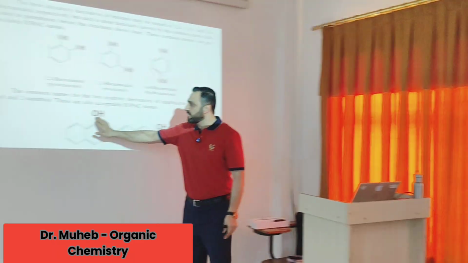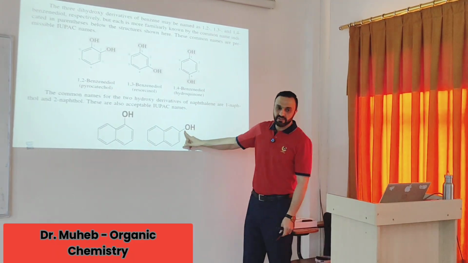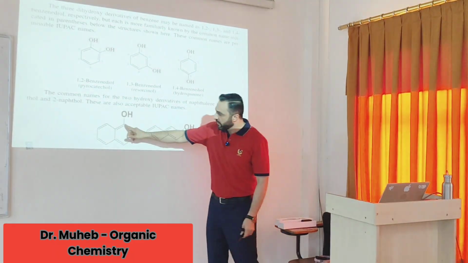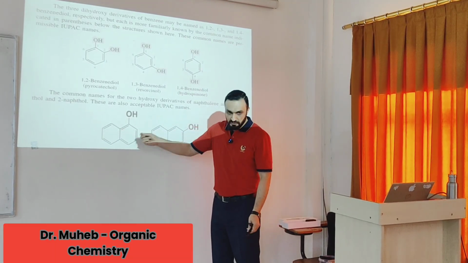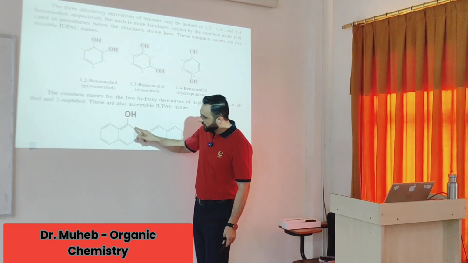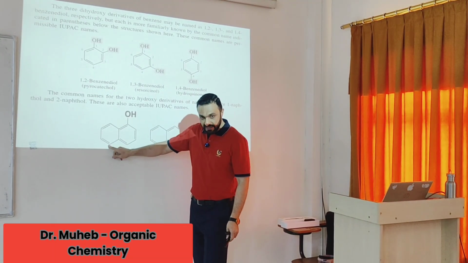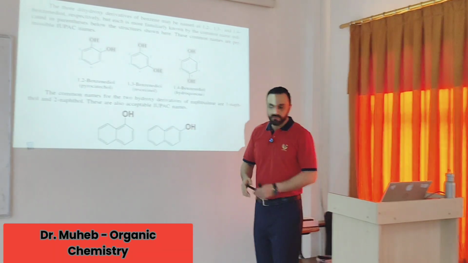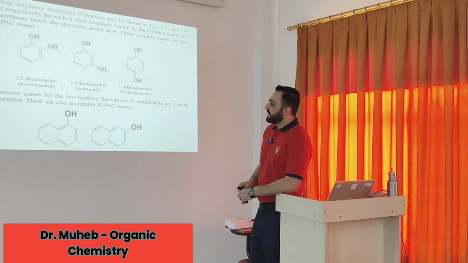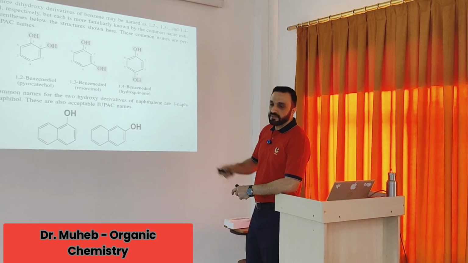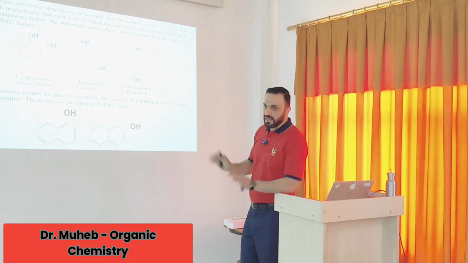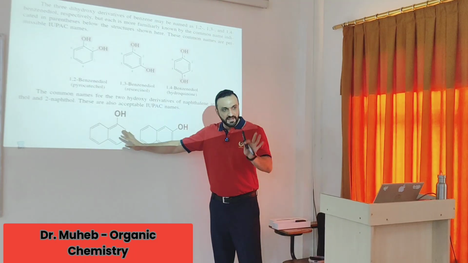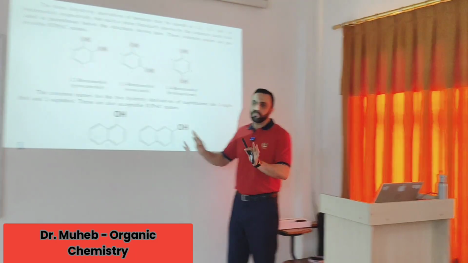That means this will be 1-naphthol, and this will be 2-naphthol. This takes number 1, then 1, 2, 3, 4; you can number as you want, 1 to 10. This is acceptable as an IUPAC name: 1-naphthol, IUPAC name, and 2-naphthol, IUPAC name.